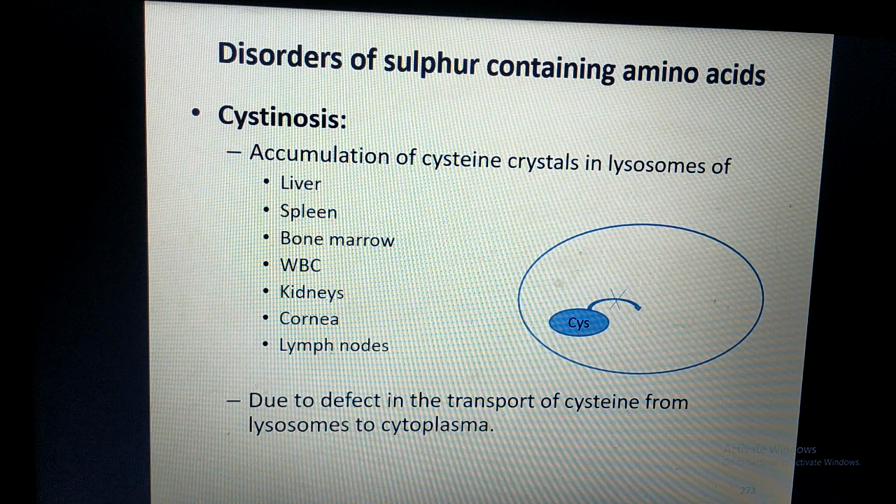Therefore cysteine is not transported to the cytoplasm, and this cysteine gets deposited in the lysosomes, leading to cysteine crystals. When the concentration of this cysteine crystal increases, they will damage the lysosomes. So this is cystinosis. The basic defect is transport of cysteine from lysosome to cytoplasm.